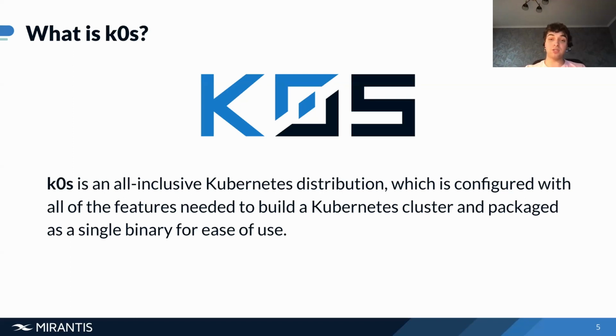Also, it's for IoT and for generic Kubernetes workloads for public and private clouds. One thing that needs to be mentioned about k0s is that it's completely free for personal or commercial use, and it also always will be free.